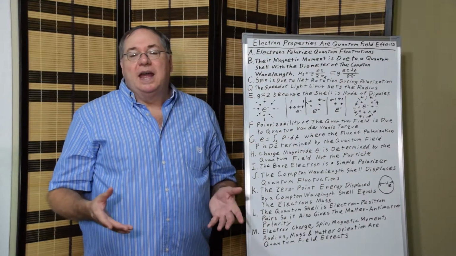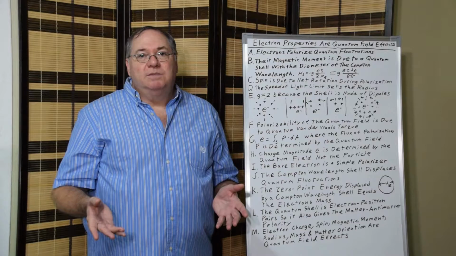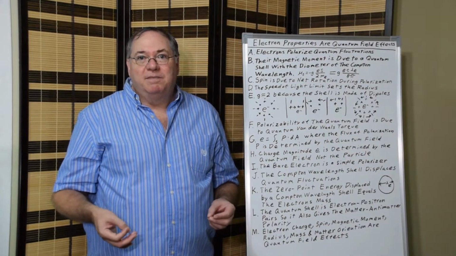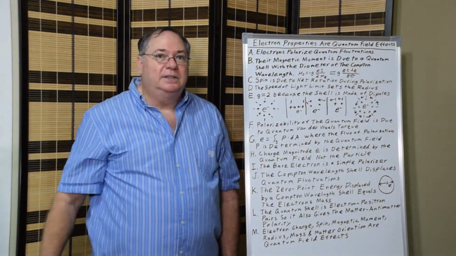So here, again, we have charge magnitude being due to quantum field effects, not a property of the electron itself, what I call a bare electron in the center.